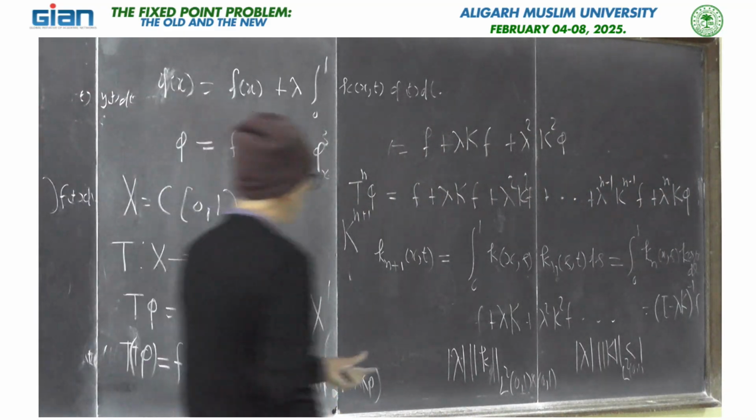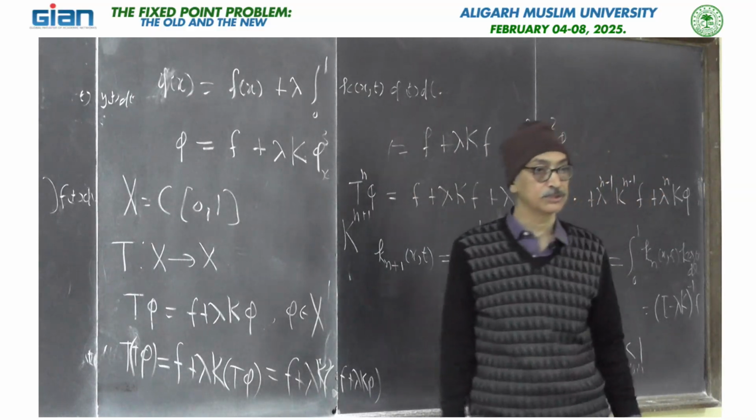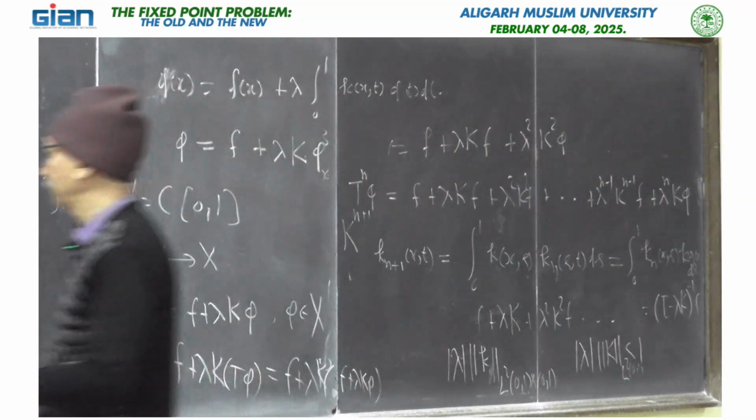So the condition is that for a small lambda, you are ensured that this is indeed so.